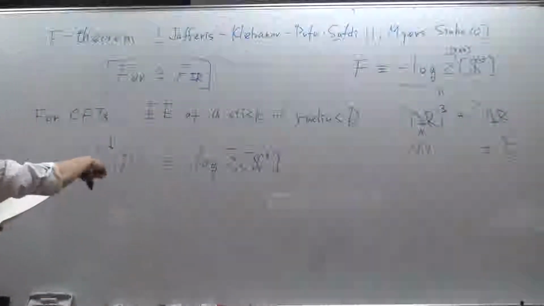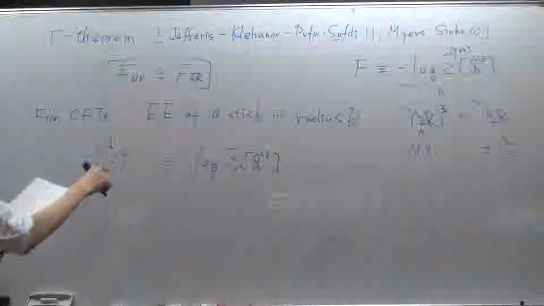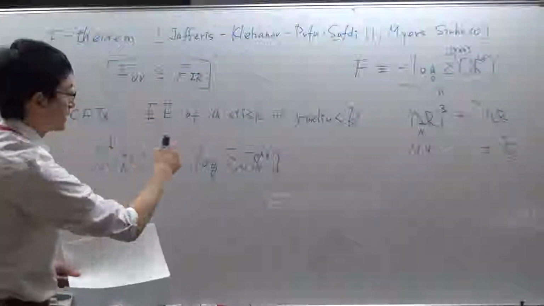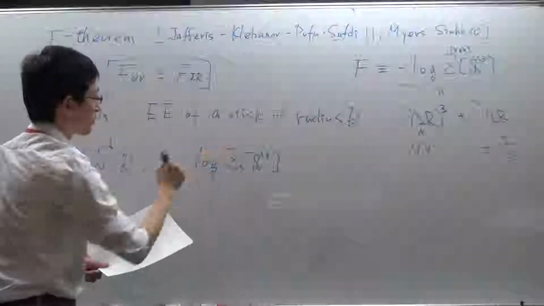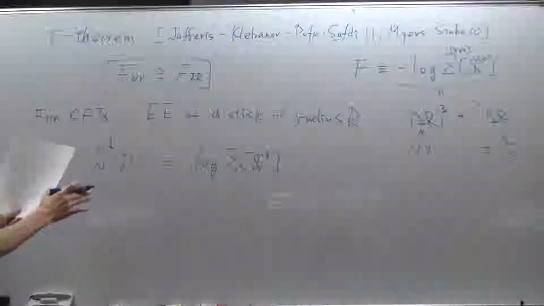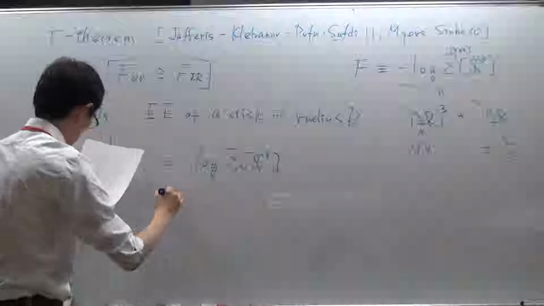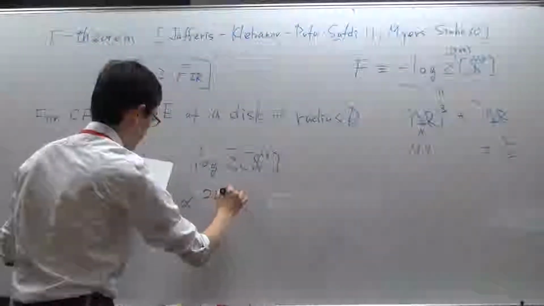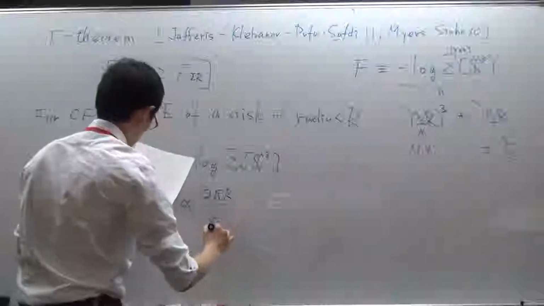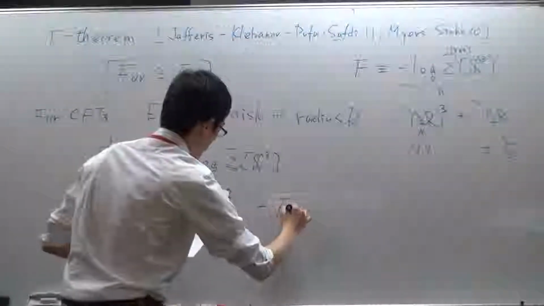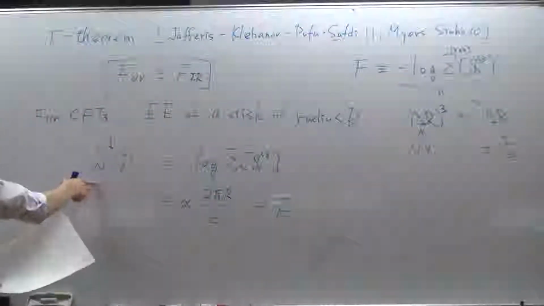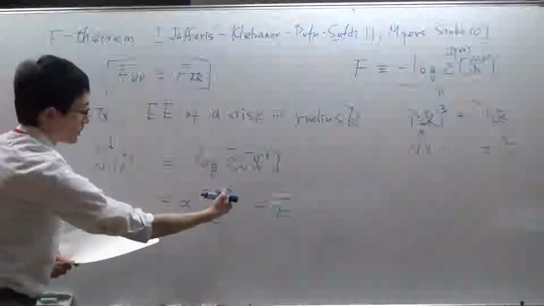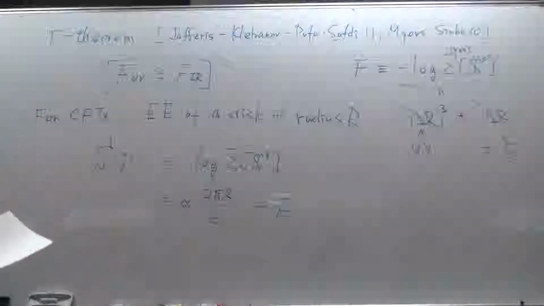I showed you this equality before, but here I was using the unrenormalized partition function. So in general, you have a UV divergence. If you translate this result with the three-sphere partition function, then you see that the entanglement entropy of a disk has a UV divergent part which is proportional to the area of my region.